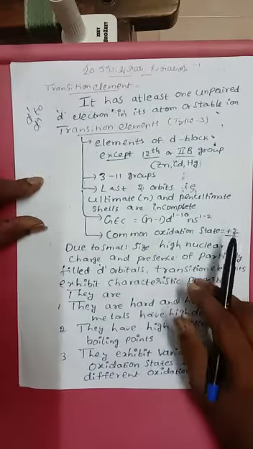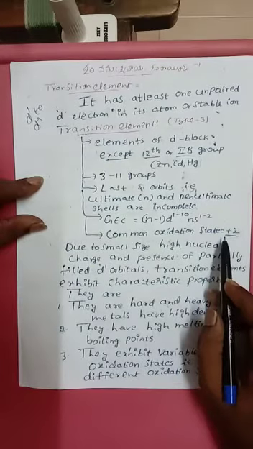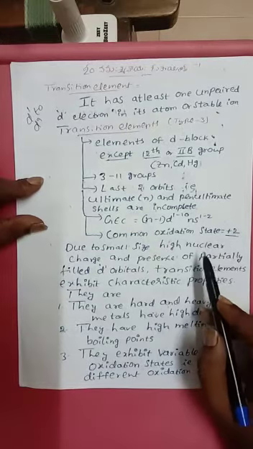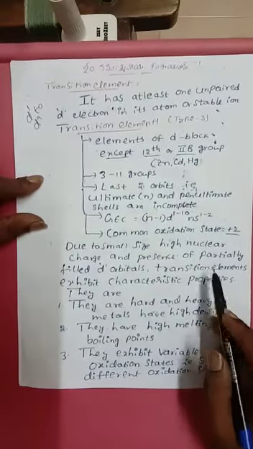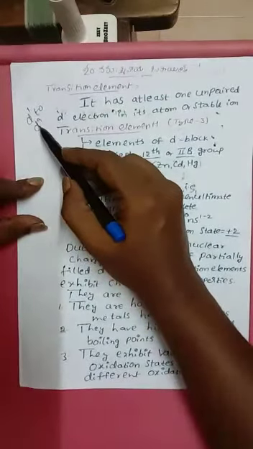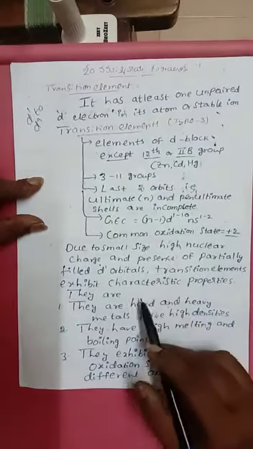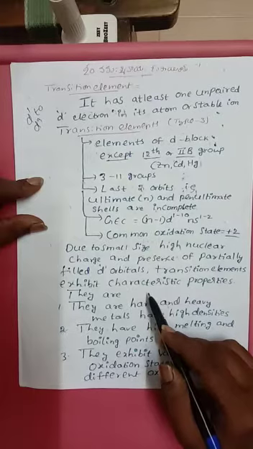That's why their common oxidation state is +2. Now transition elements have small size, high nuclear charge, and partially filled d orbitals d1 to d9. Because of these factors, transition elements have some special properties which we cannot expect for other elements.